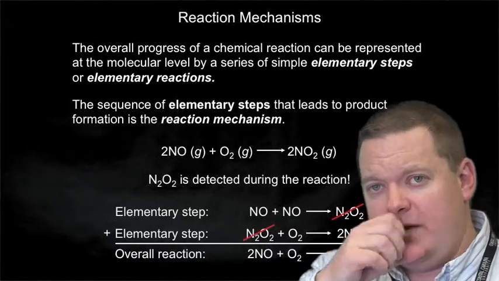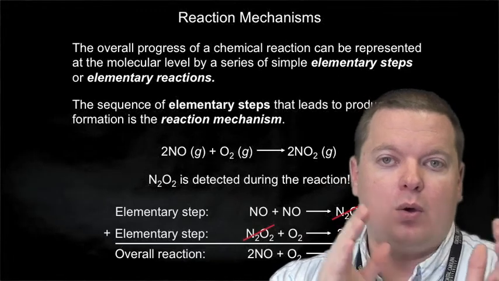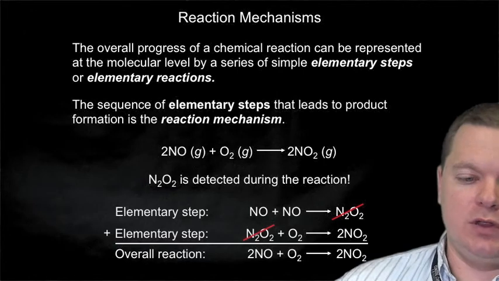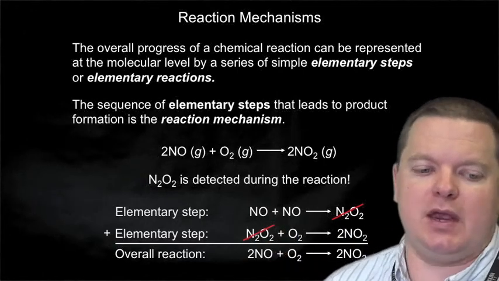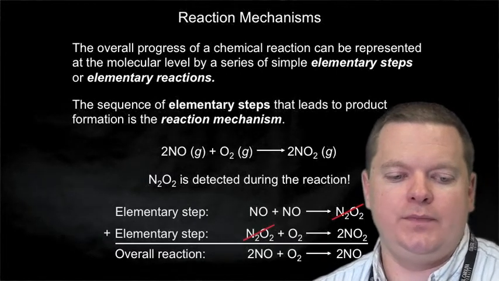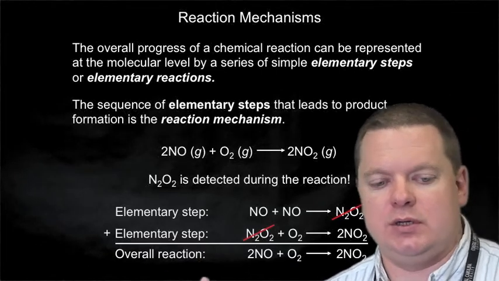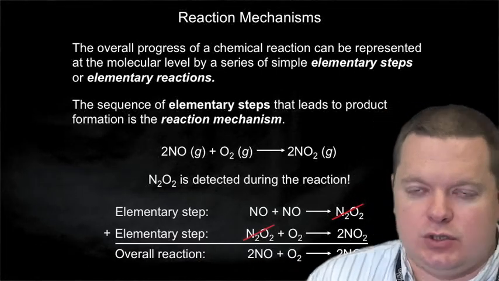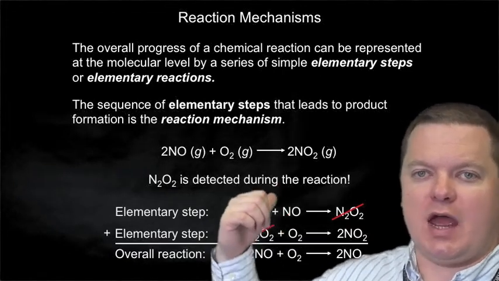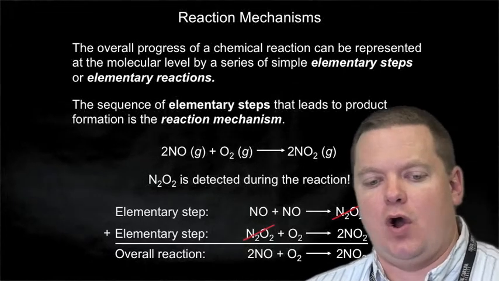Which means that it's somewhere in the steps it takes to go from NO and O2, N2O2 must be formed. So then we can propose this mechanism where the two NOs come together to form N2O2, and then that N2O2 is reacting with an oxygen molecule to give us this 2NO2.